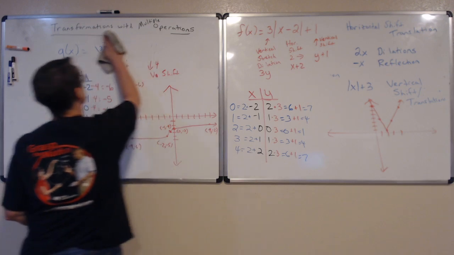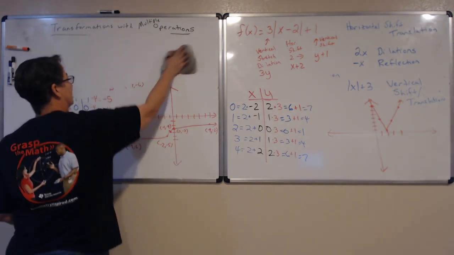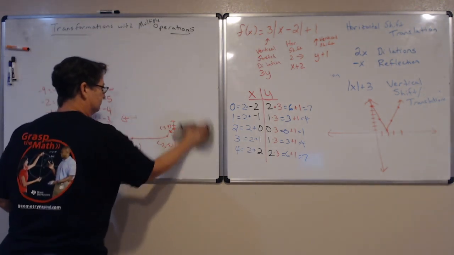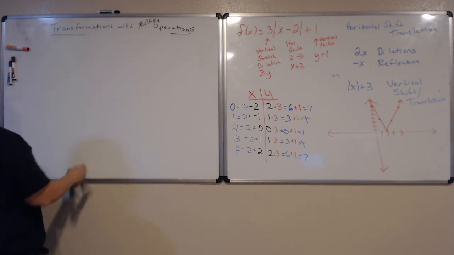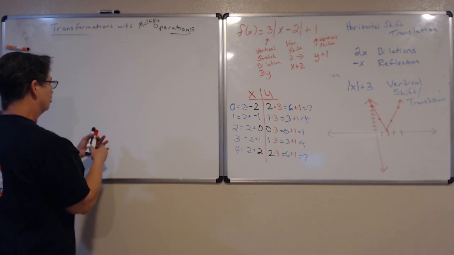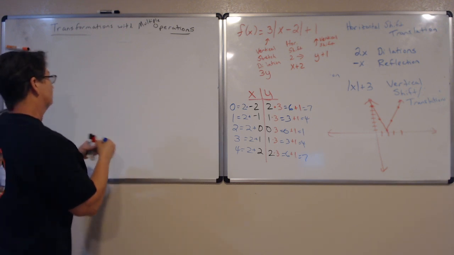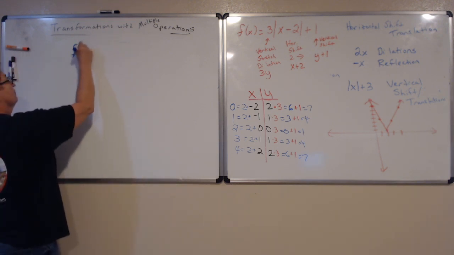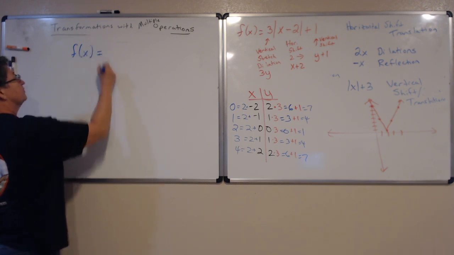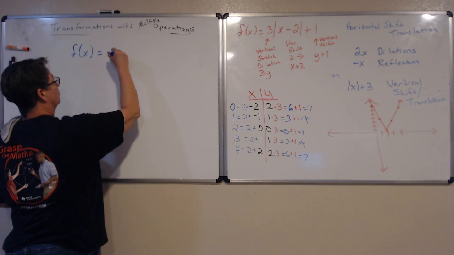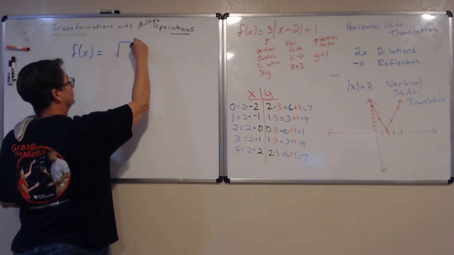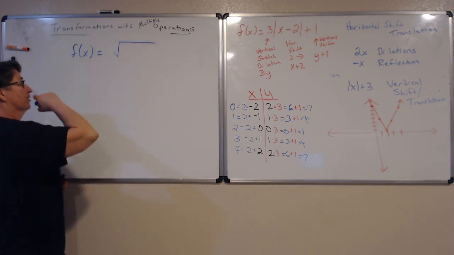So let me give you an example. We'll do one last example, and then we'll call it a night. One last example where this time I got multiple things going on with my x values. So how about we do, we haven't done a square root, have we, tonight? Maybe we did, I don't remember.